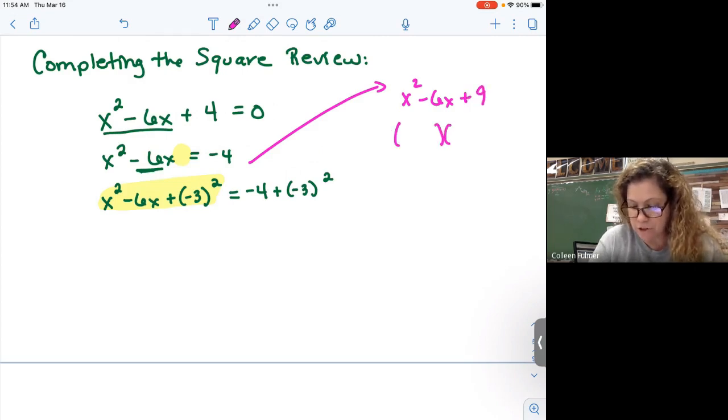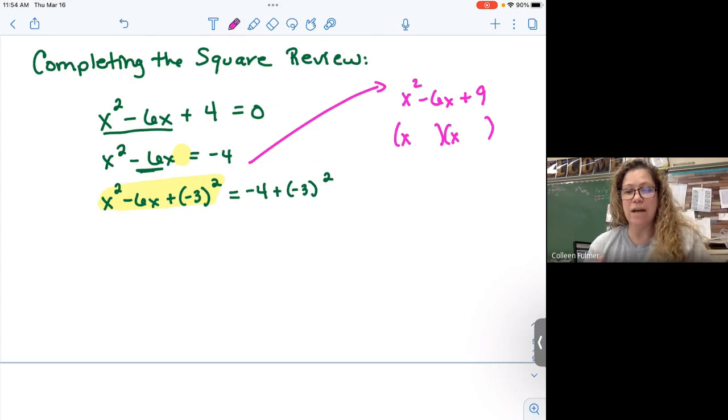This now factors. It's the easy kind of factoring because there's no number in front of the x squared. I'm going to put an x in the front of each. And now I need two numbers that multiply to positive 9, but add to negative 6. So that would be a negative 3 and a negative 3, because negative 3 times negative 3 is 9, but negative 3 plus negative 3 is negative 6.